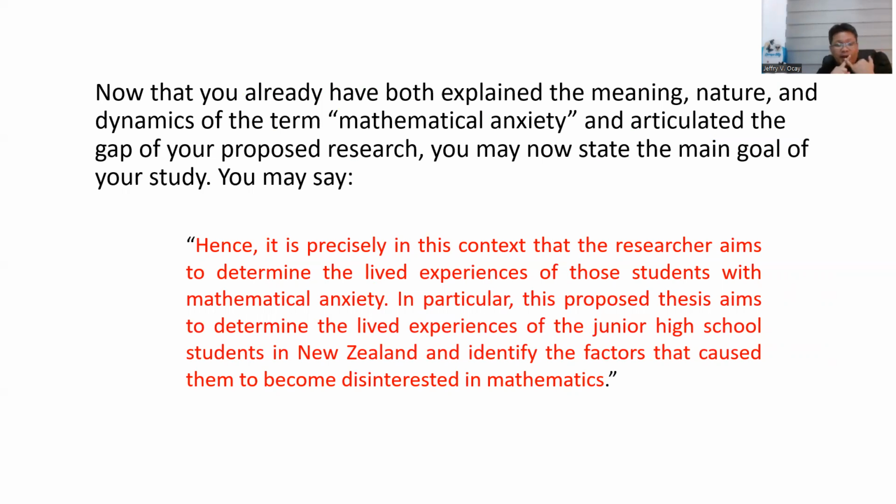Again, what we're looking for, in addition to the other core elements of the background of the study, are the major points: first, the research problem or gap that the researcher wants to see addressed in the paper, the one that I just presented, and second, the research goal, the thesis statement. So after articulating the meaning, nature, and dynamics of the term and the gap of this proposed research, we proceed to stating the main goal of the study.